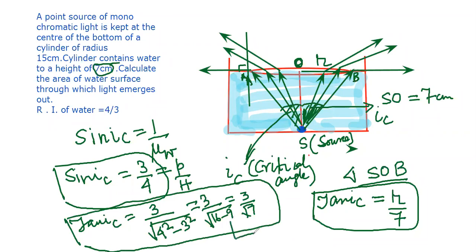Let me consider this to be equation number 1, and tan IC is equal to R by 7 to be equation number 2. That is also tan IC is equal to 3 by root 7. So if I consider equations 1 and 2, tan IC is equal to 3 upon root 7, and that is also equal to R upon 7.